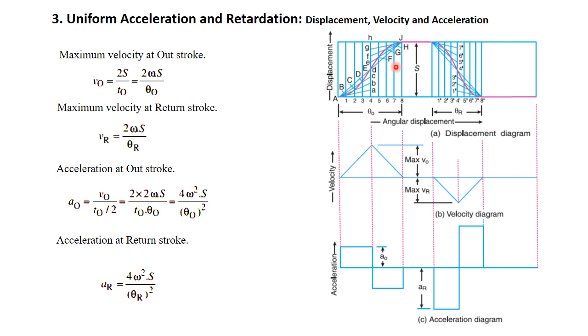Now there are two questions. One is how to compute the values of velocity and acceleration at outstroke, and the second question is how to draw this displacement diagram.